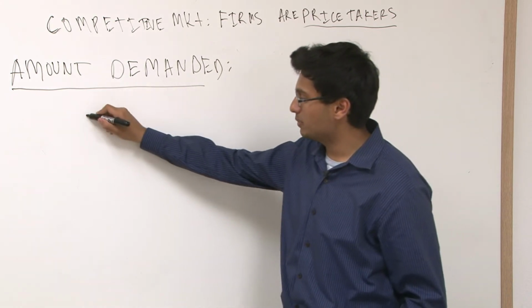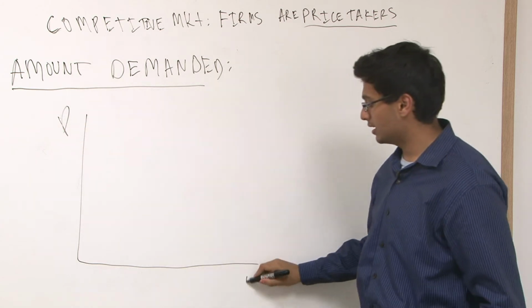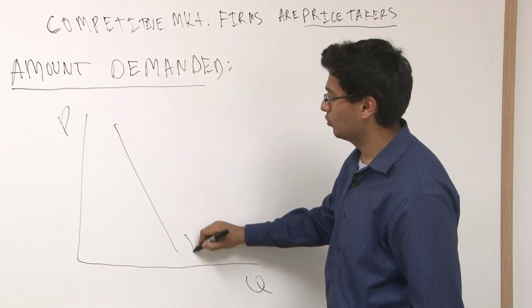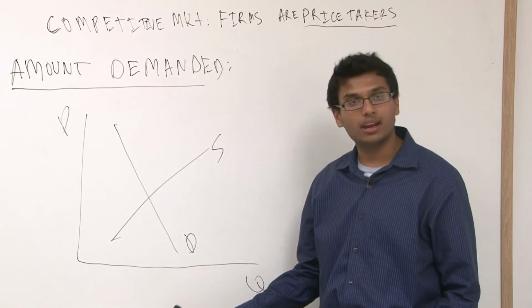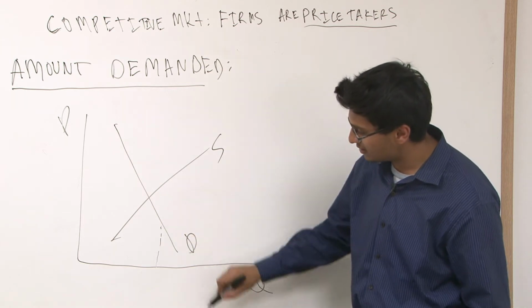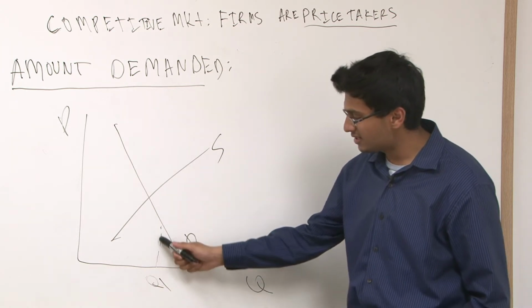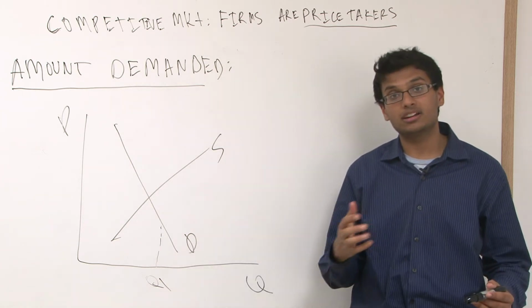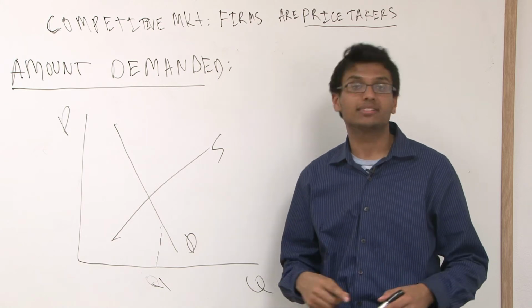The amount demanded in my graph, and again, you guys are going to be experts, because in this graph where I have demand and supply, the amount demanded is the quantity along the demand graph. So this is one amount demanded, and I'm going to say this is Q1. This is the amount demanded. And the amount demanded is basically the amount that the consumers are willing to buy at that particular price point.